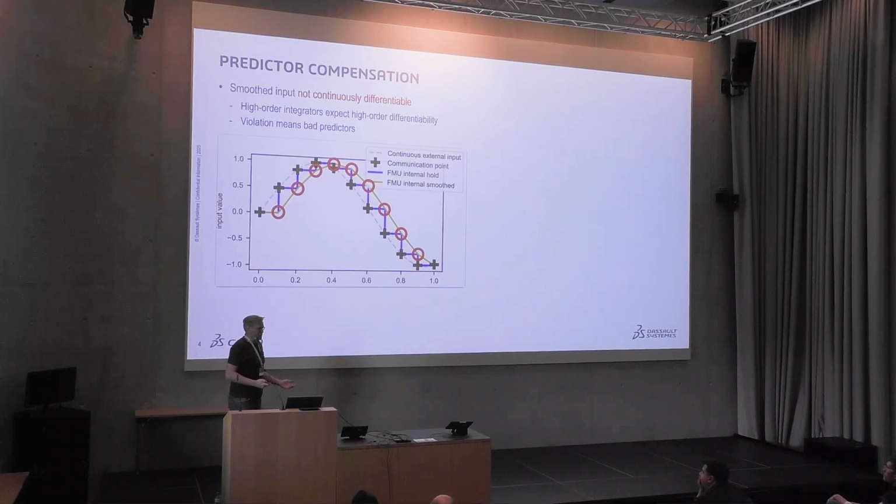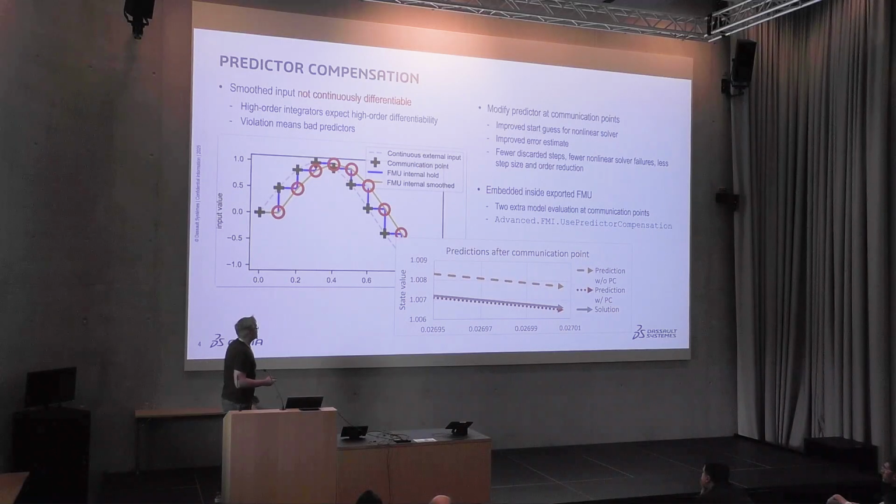That is still not very nice to Sevode or Dassl. They don't really like that, especially when they integrate with higher order. So if you have order 5 and you have discontinuous derivatives in the input, that's not good. You can alleviate the situation a bit, and you can do that with predictor compensation.